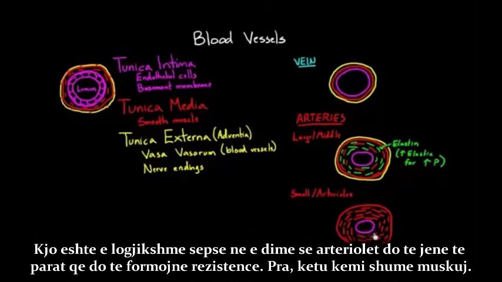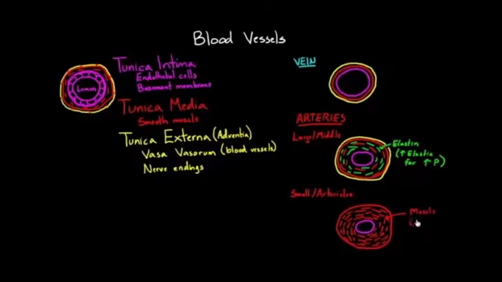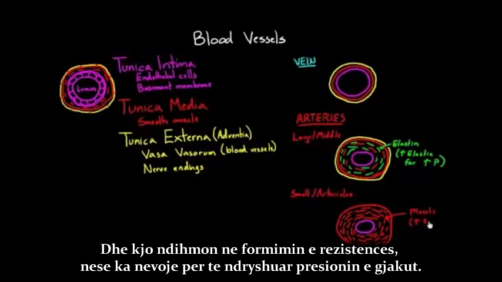And that makes sense because we know that the arterioles, look at all that muscle, are going to be the ones that create resistance. So here you have a lot of muscle. And this is to help create lots of resistance if you need it to change your blood pressure.